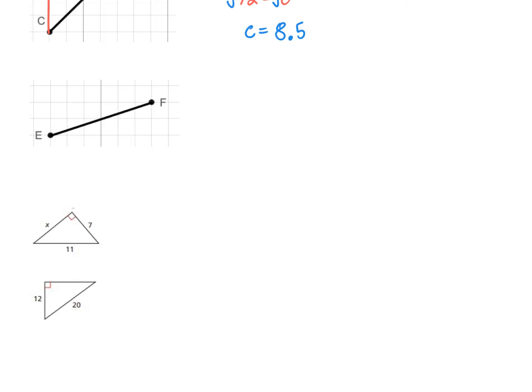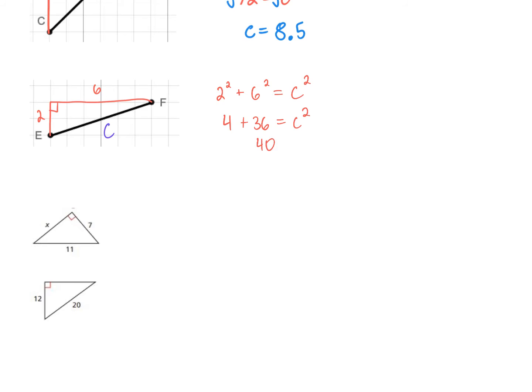All right, third one like this, and then we switch things up a little bit. One of my legs has a length of 2. My other leg has a length of 6. There's my right angle, which means that's my hypotenuse. So if I use the Pythagorean theorem, 2 squared plus 6 squared equals c squared. 4 plus 36 equals c squared.